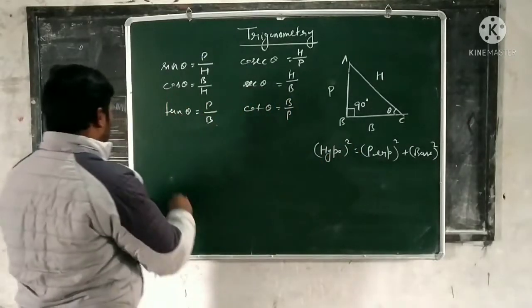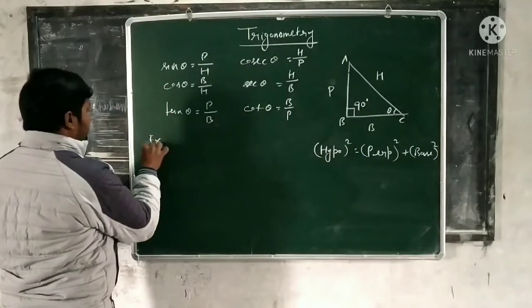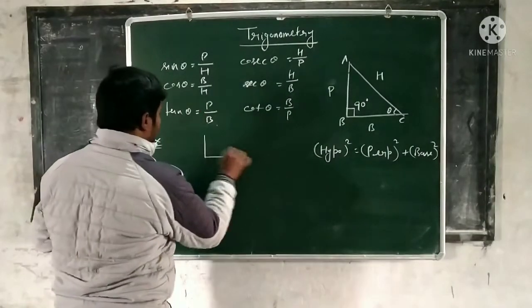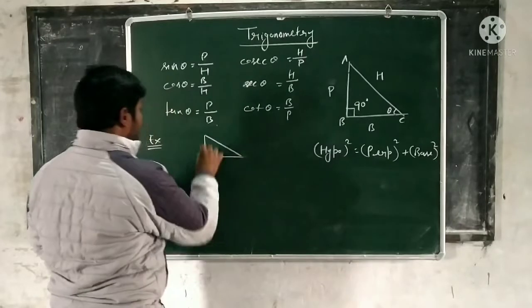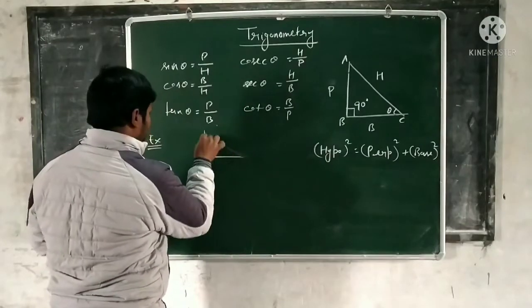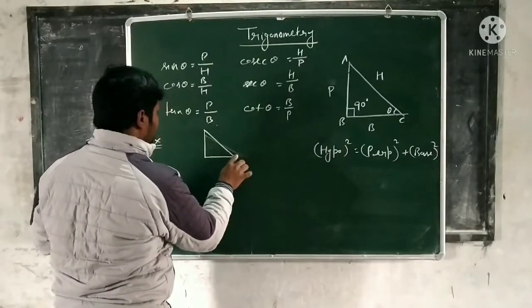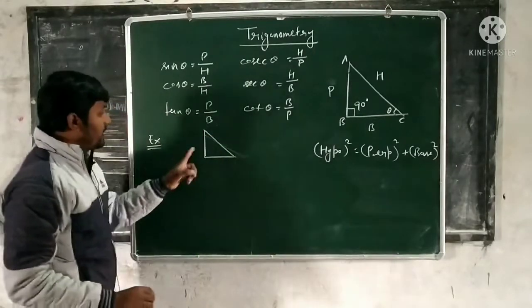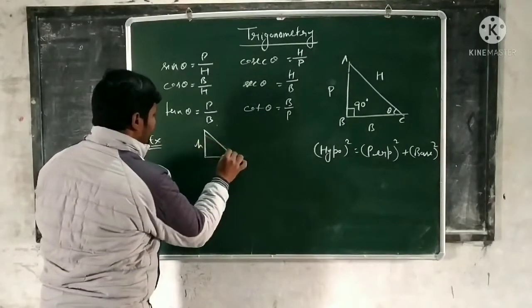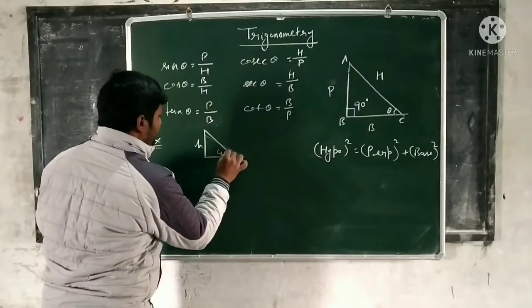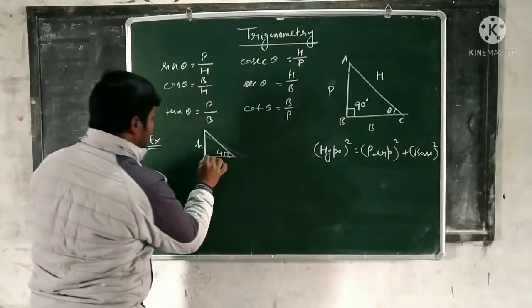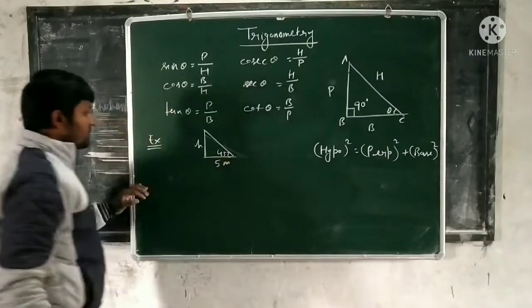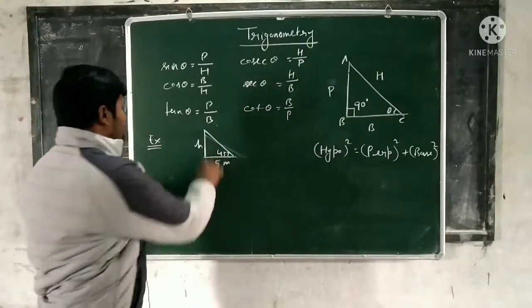We take an example. If we find the height of the building, we take theta equal to 45 and base is 5 meter. What is base?